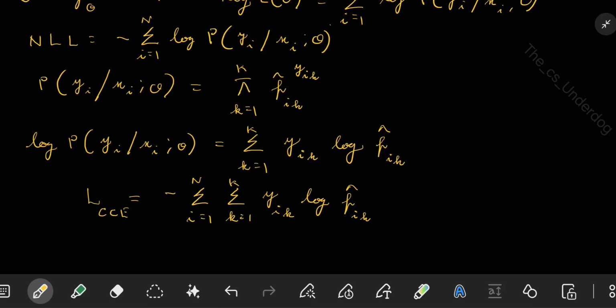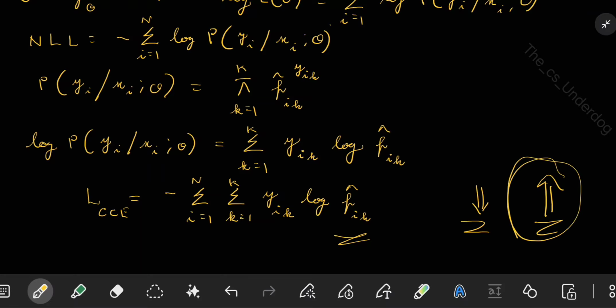What do you understand from here? You understand that high probability for the correct class. That is, for the correct class, if you are having very high probability, then your loss will take the least possible value. Whenever the probability of your correct class is low, your loss function is going to take very high value.